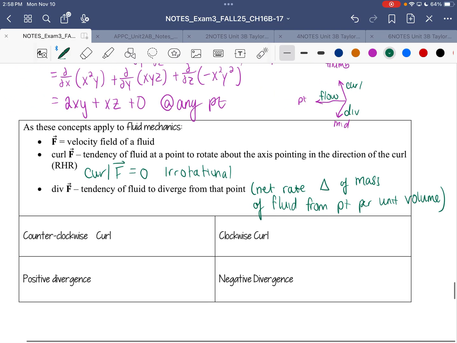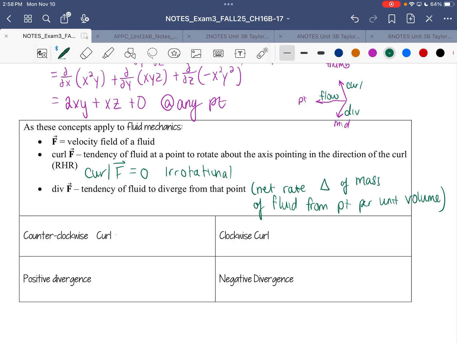So, if we have the curl moving counterclockwise, that would be negative. Curl moving clockwise would be positive.